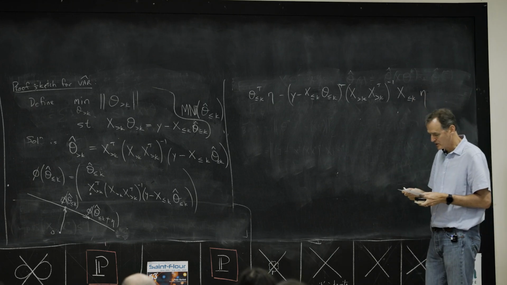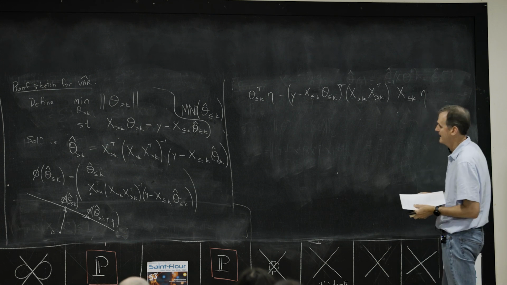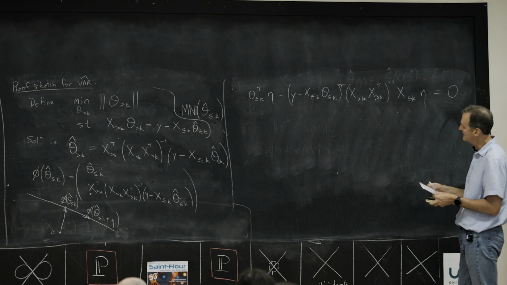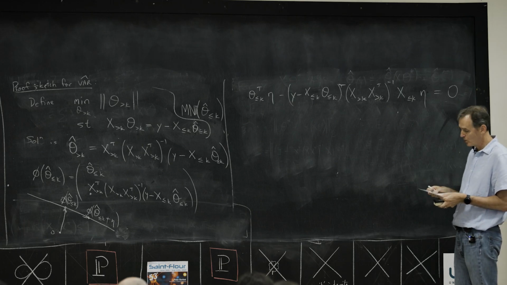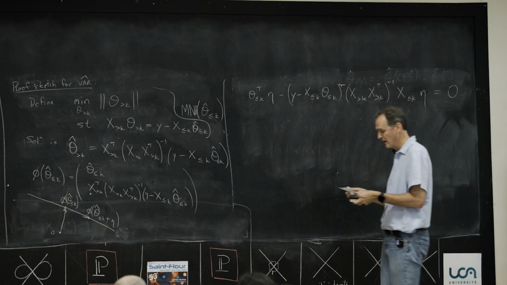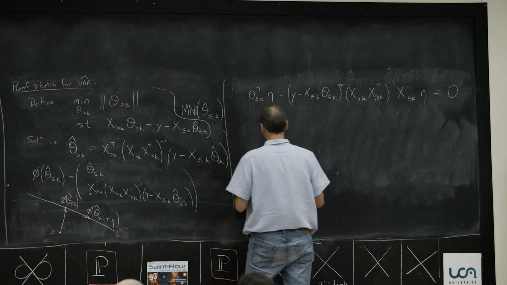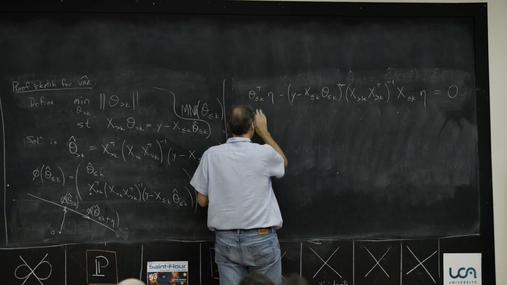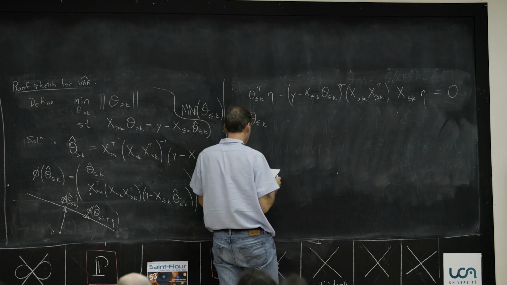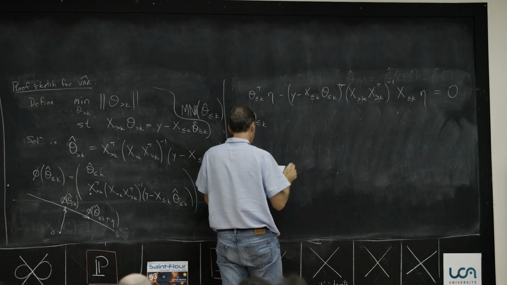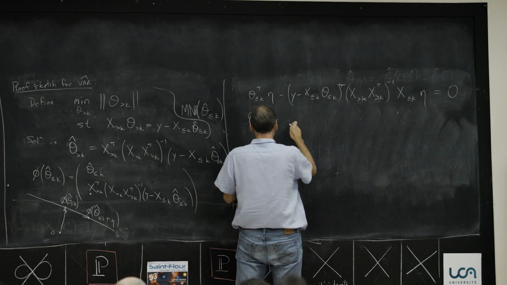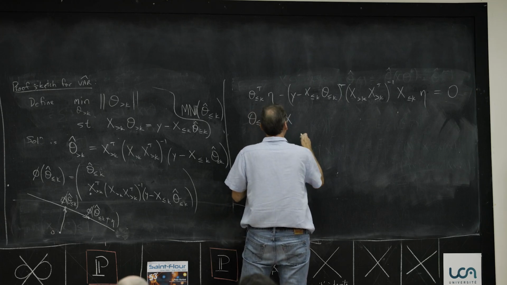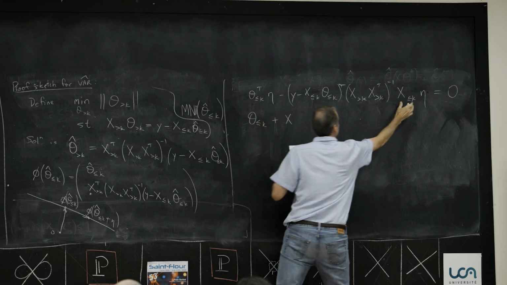All right, so we have an expression that looks like this as that inner product. So our normal equations are, we want to be here, and that's for all eta. This vector that's orthogonal to eta for all eta must satisfy this expression, plus x less than or equal to k.